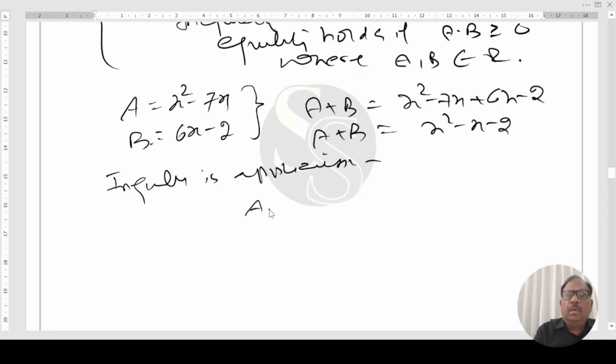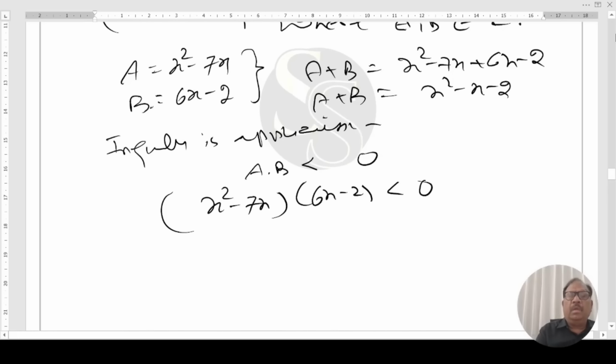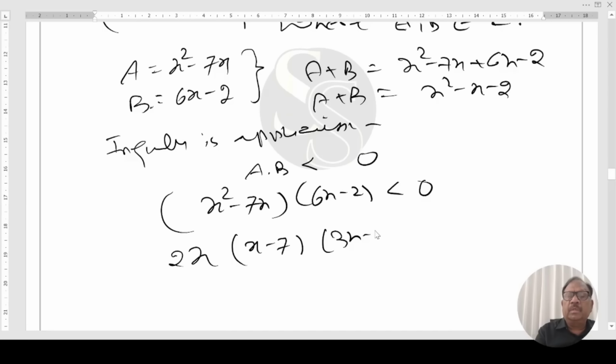That is, A multiplied by B should be less than 0. x square minus 7x times 6x minus 2 less than 0. Right? Then x taken common, 2 common: x times x minus 7 times 3x minus 1 less than 0.